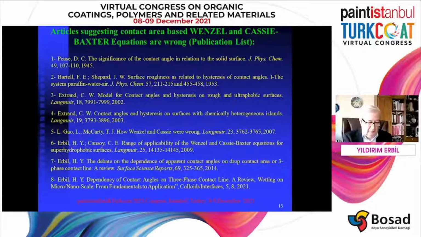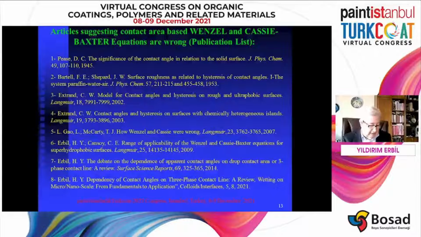And these articles down to 2021 were already known and cited a lot, but many scientists who are working in superhydrophobic science did not understand, and they still report the use of the Wenzel and Cassie-Baxter equations in new publications.